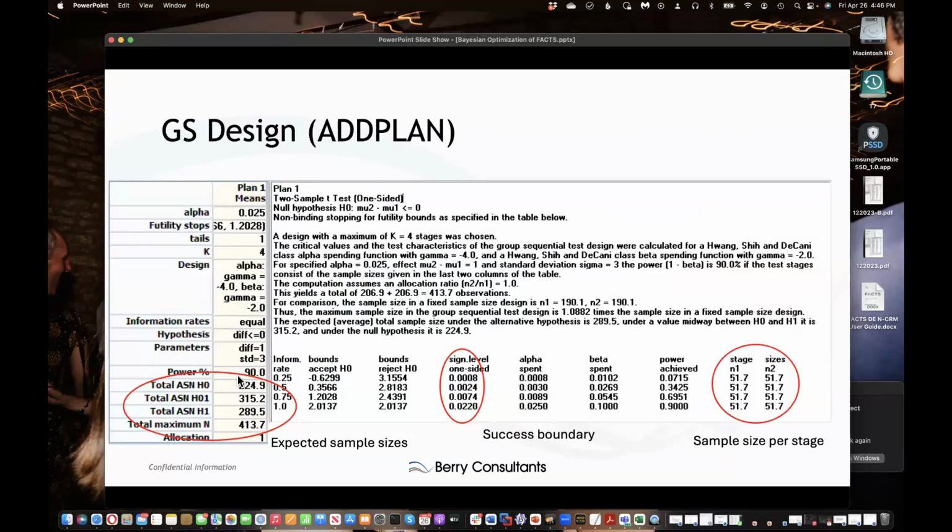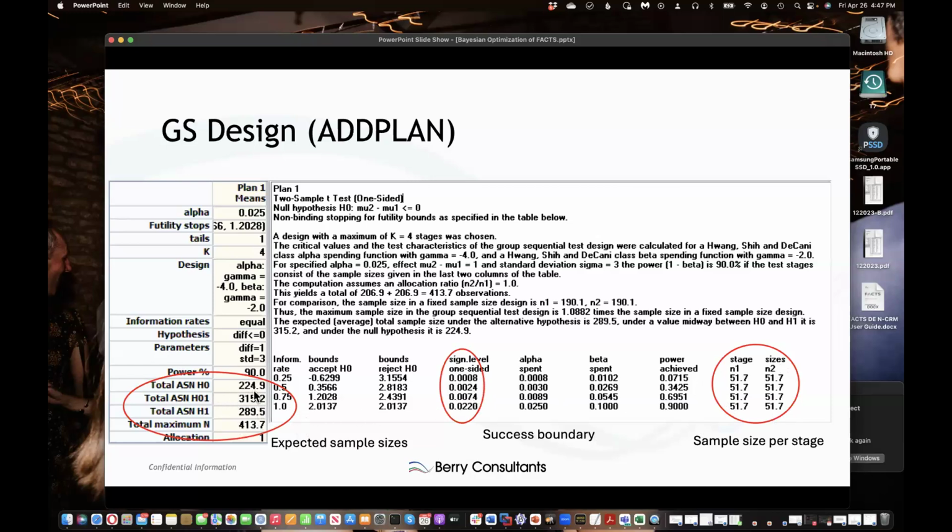And our plan also will tell us what the boundaries are and what the sample size should be. So we've got this 52 per arm per stage is the full size of the trial. These would be our p-value cutoffs at the interim, and you can see our final evaluation has to be against 0.022 to adjust for the alpha spent at the earlier interims.